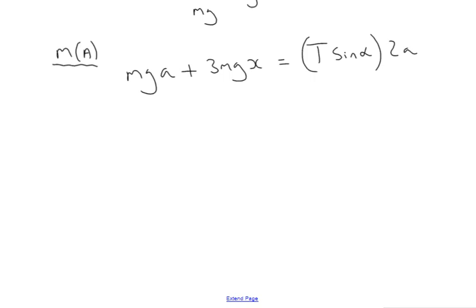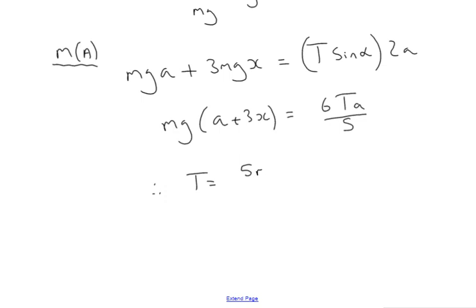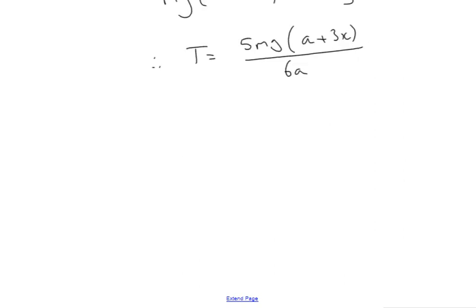And so if we tidy up the left-hand side, I've got mg(a plus 3x) is equal to 6Ta over 5. Sine alpha, of course, was 3/5. And so finally, therefore, T is 5mg(a plus 3x), all divided by 6a. That's what we were asked to show.